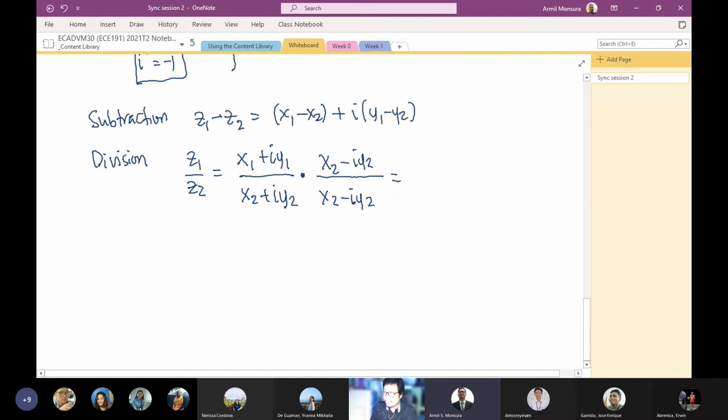Let's see if you can follow. We have X1 X2 minus negative, so plus Y1 Y2. Is that right? That is the real part of the product in the numerator.